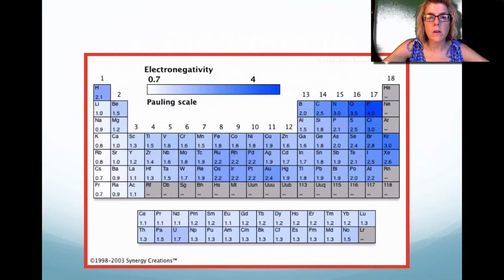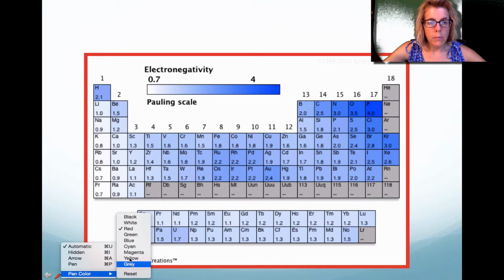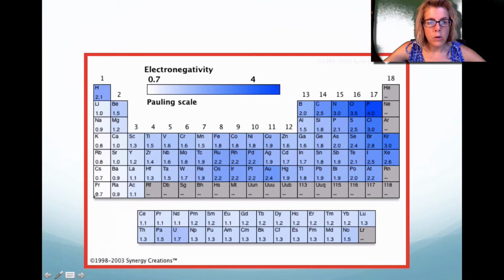Okay, so this chart that I have here, and I'll share this with you, is a measurement of electronegativity, and you might notice that the general trend is it gets bluest as you go from this corner all the way up to fluorine. As a result, fluorine has the greatest amount of electronegativity. I heard a video describe that fluorine is willing to steal electrons from kittens.